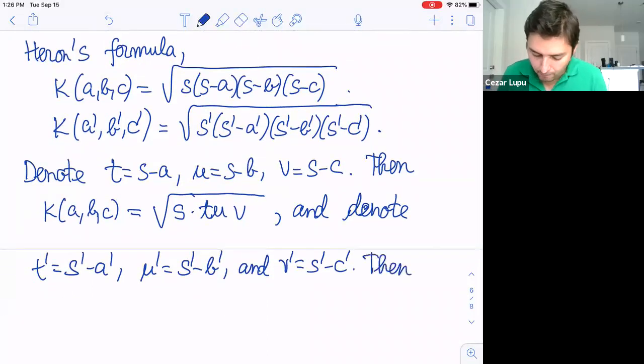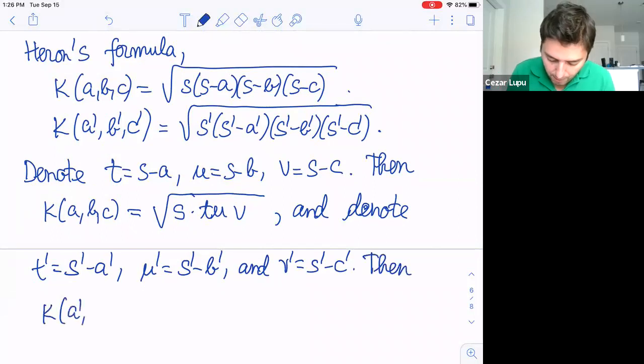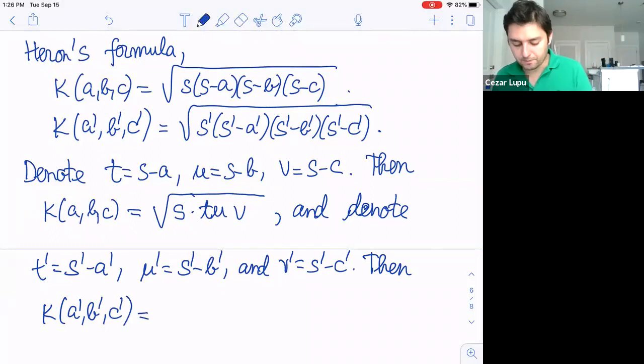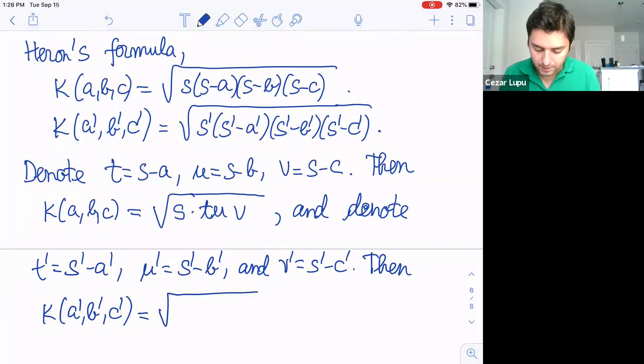Then K of A prime, B prime, C prime is nothing else than just the square root of S prime T prime U prime V prime, right?